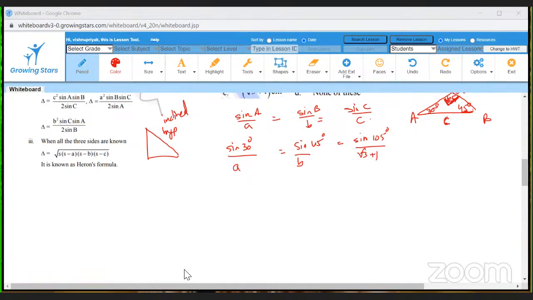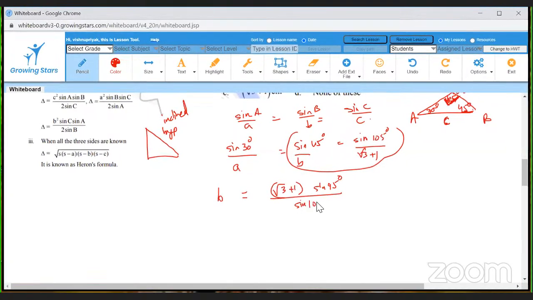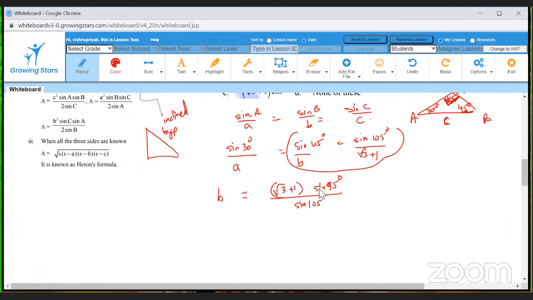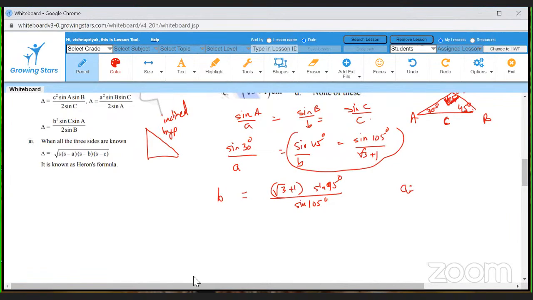This is how we will find. So now if you want to find B, because we have to find area of the triangle, for B, you will take these two. What will be B? Root 3 plus 1 into sine 45 degrees by sine 105 degrees. This will be the value of B. What will be the value of A? Which you don't know.